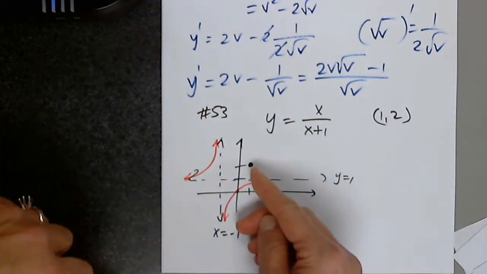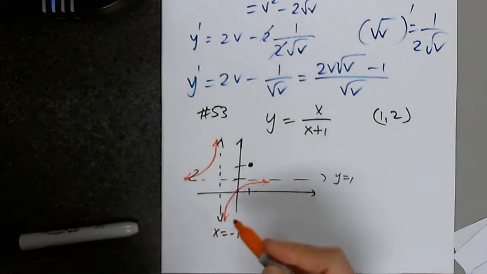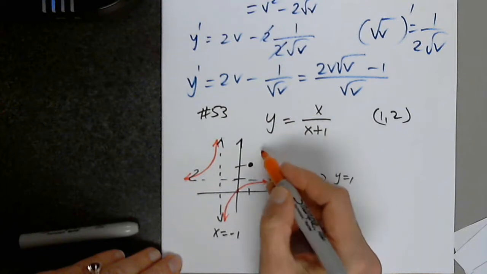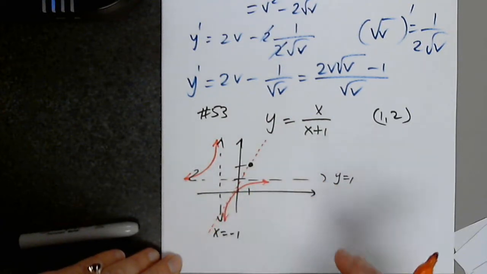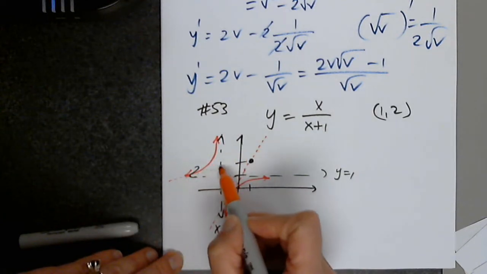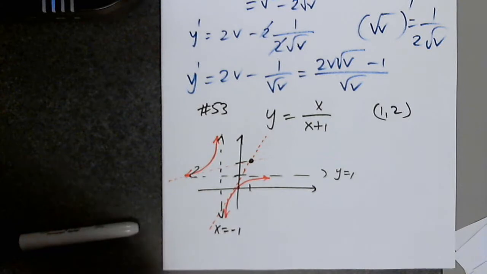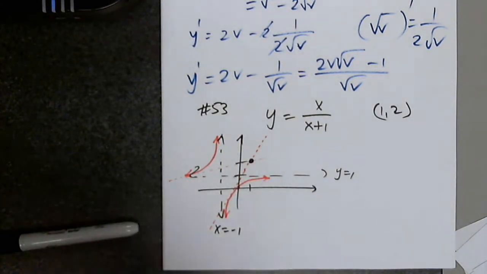So there are possibly tangent lines to the curve of this function that go through that point. Possibly even here. So these are tangent lines to the graph of the given curve or function.